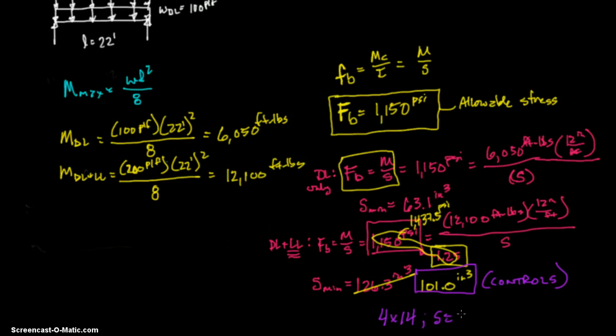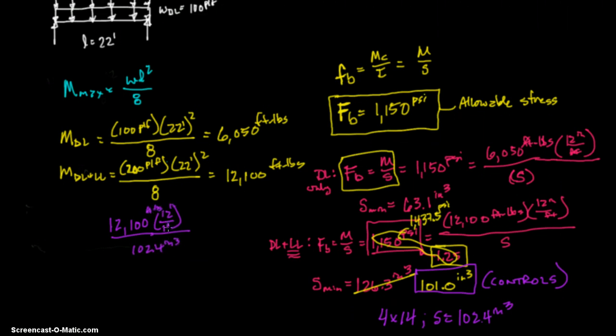S equals 102.4 inches cubed. So let's go back and let's actually find the actual stress. We have a minute here. Let's see if we can do it quick. Okay, so we have 102.4. We had M. M equals 12,100 times 12 over S equals 102.4 inches cubed. This is foot-pounds.